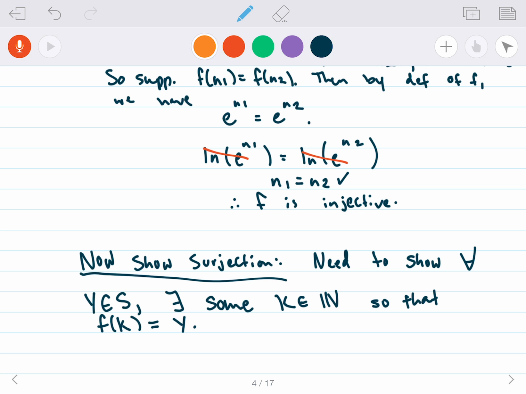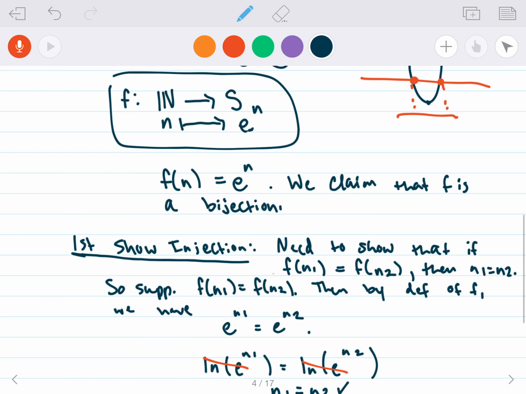And you know, these surjection things aren't too bad, but it might help to show scratch work if you need it, but I don't think we need it for this one. Okay, so suppose y is in S. Now, anything in S is of the form e to the n, where n is a natural number.